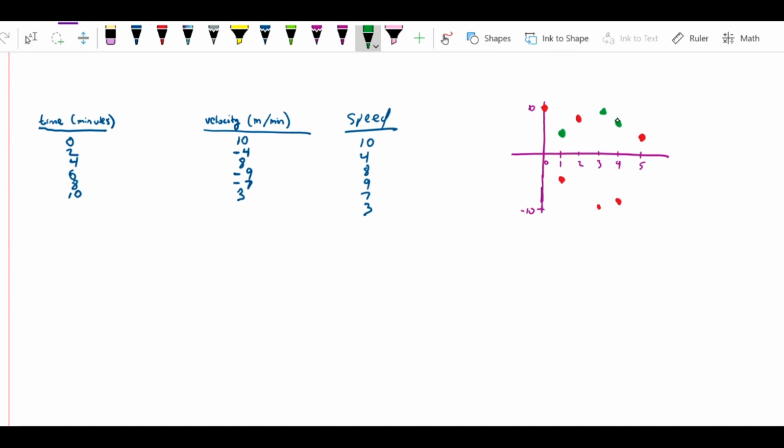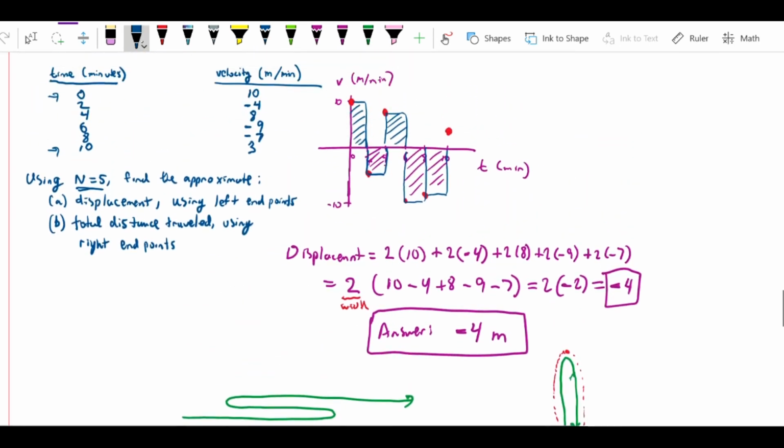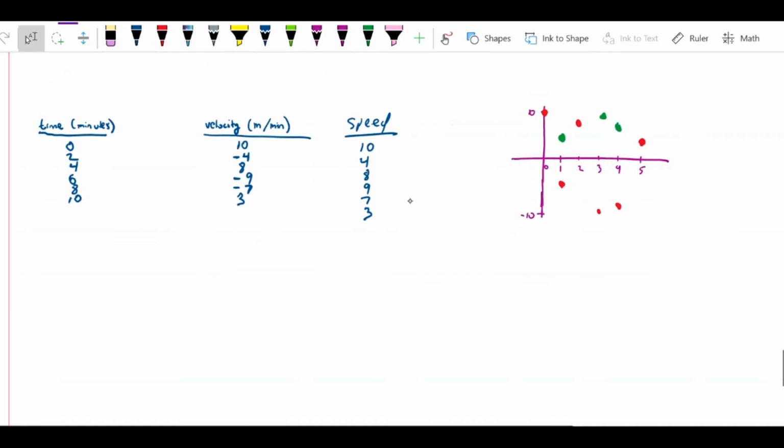So in other words, what we're doing here is instead of adding up these rectangles, some of which are below the x-axis, we're treating everything as positive. So now we're adding that rectangle, that rectangle, that rectangle, that rectangle, and that rectangle. I'm trying to draw these in different directions so that you can see which rectangle is which.